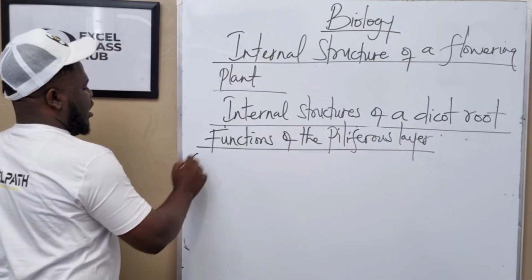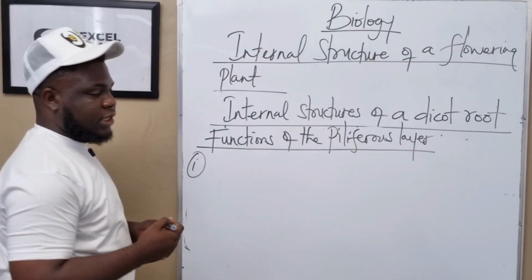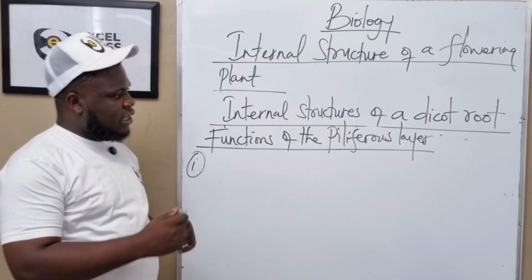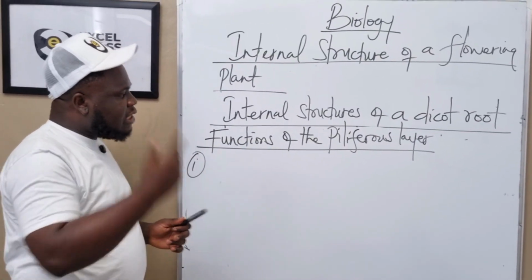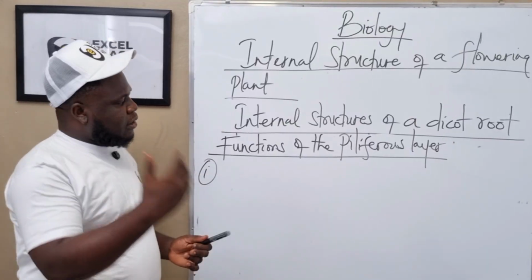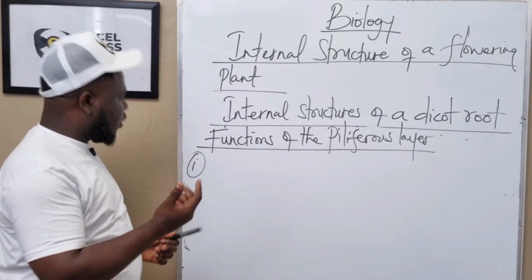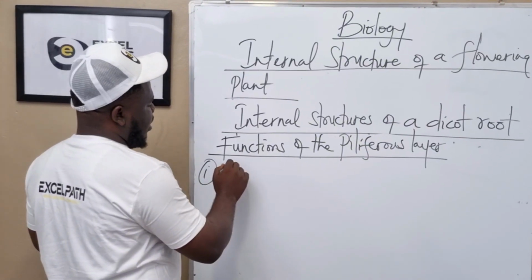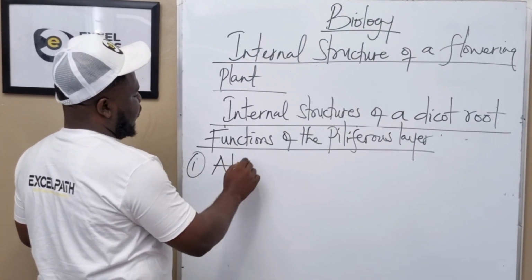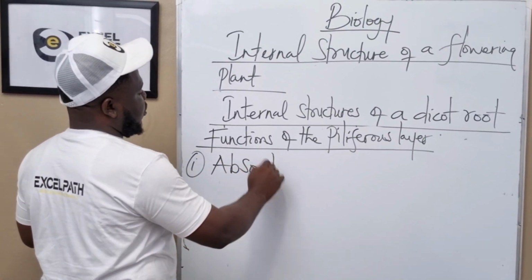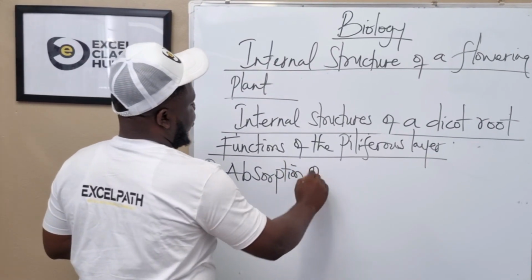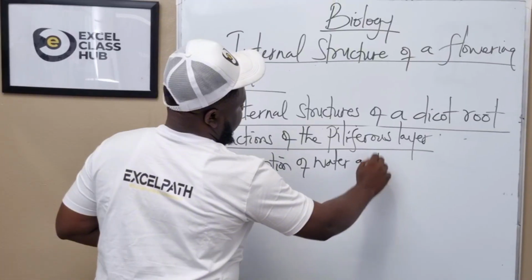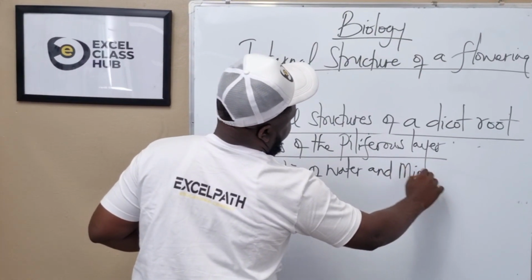The first one, now recall that we said that the root hairs are associated with the piliferous layer. That is, the root hairs arise from the piliferous layer. And what is the function of the root hairs? Absorption of water and mineral salts. So, meaning that the first function of the piliferous layer is the absorption of water and mineral salts.